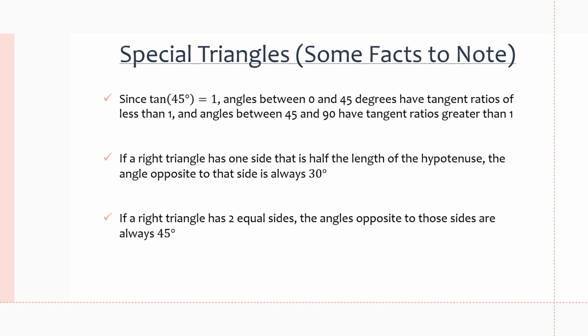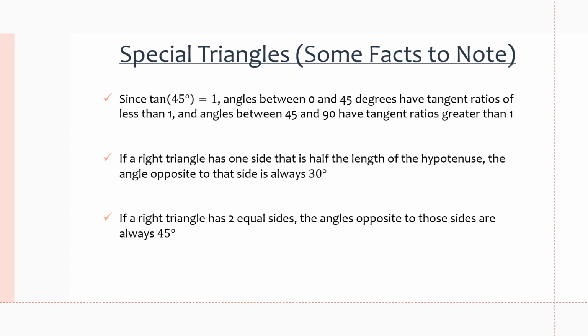Okay, in this slide, I just want to go over some facts to remember about special triangles. First fact, since tan of 45 is 1, because remember, we have a 45 and a 45 degrees. We have a 1 and a 1 and a square root 2, sorry. So tan of 45 degrees is going to be opposite over adjacent, so it's going to give us 1, right?